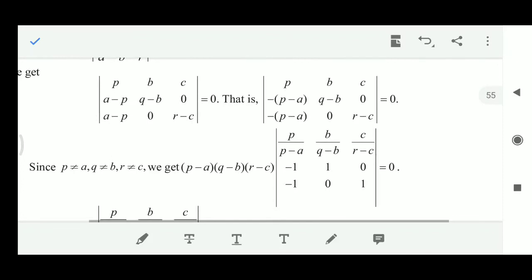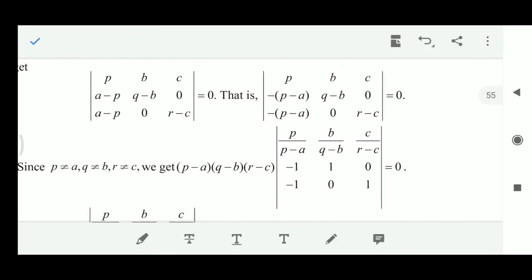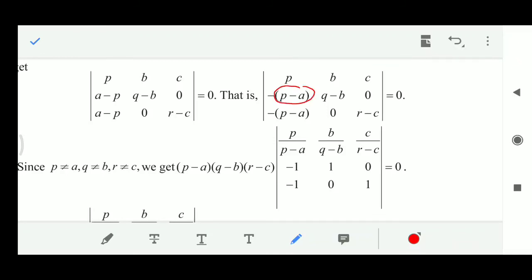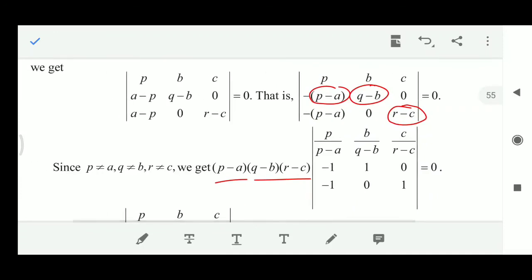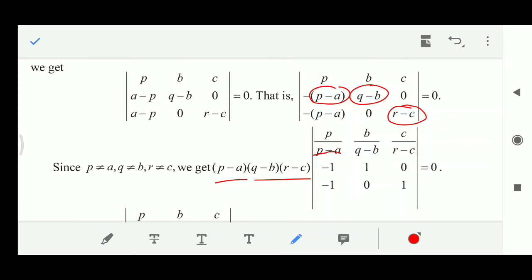Next I am going to take P minus A, Q minus B, and R minus C from column 1, column 2, and column 3. If I take this as common, the first element P becomes P by P minus A, second one becomes B by Q minus B, third one is C by R minus C. Then the remaining elements are minus 1, 1, 0, minus 1, 0, 1 equal to 0.